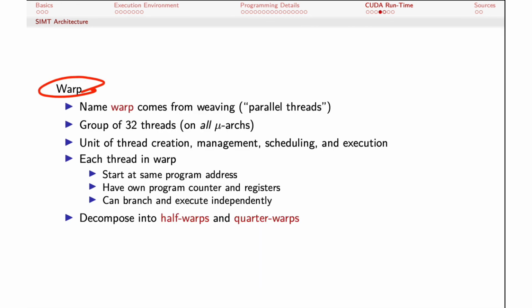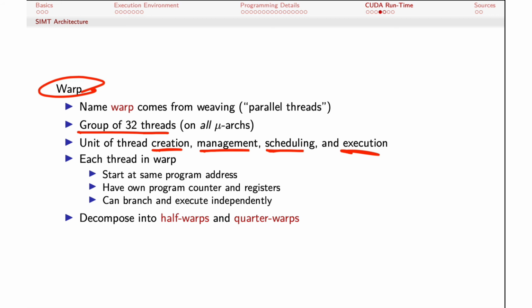Well, what's a warp? On NVIDIA, a warp is a group of 32 threads. When you have multiple threads that are executing within a streaming multiprocessor, the streaming multiprocessor is going to schedule those threads in groups of 32 at a time. So this is the unit of thread creation, of thread management, of scheduling, and execution, right? Everything happens in groups of 32 threads.